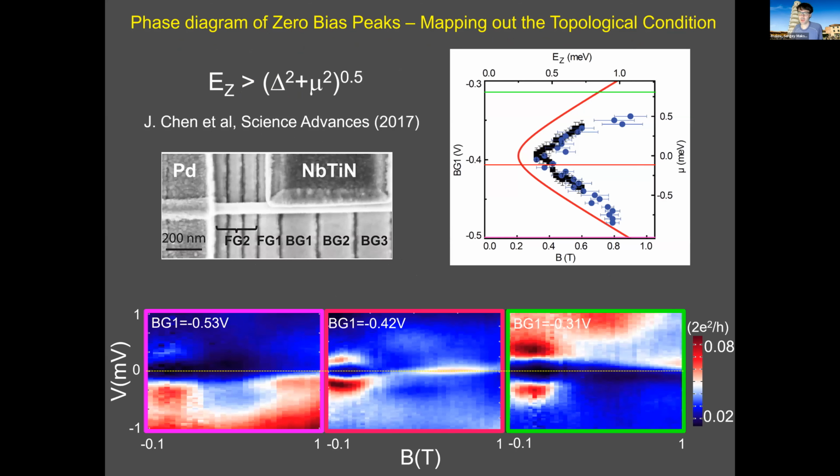Okay, so this is one of our experiments that we've done in Pittsburgh. It's already a few years old, but here in the middle, the horizontal line in the SEM picture is an indium antimonide nanowire. It's an amazing material with high mobility, strong spin orbit, large g factor.